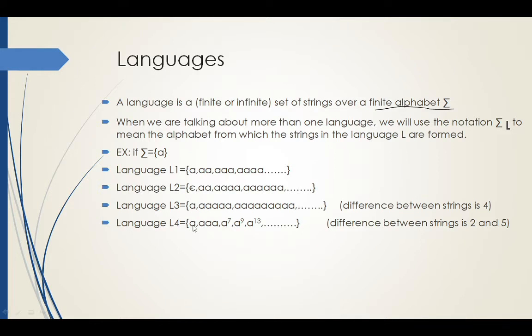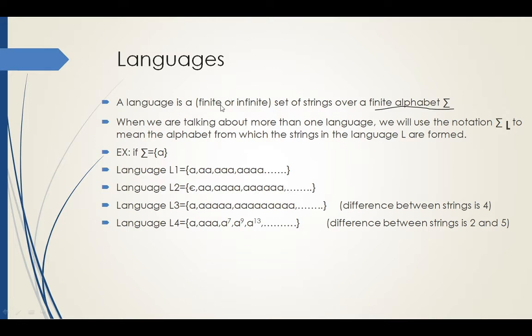What is the difference between the first string and the second string? It is 2. 1, 2, 3, then 4, 5, 6, 7, then 8, 9, 10, 11, 12. So the difference between these strings is 2 and 5. So using a single alphabet, I can define strings for n number of languages.